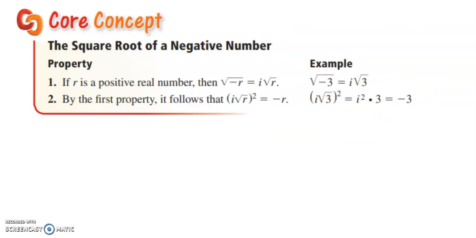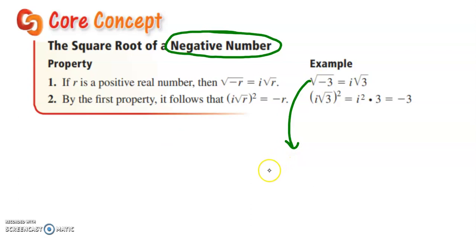So our core concept that's in your notes, the square root of a negative number is what's going to create something with an i. Okay, so if you look at this, this is our same way of breaking down square roots that we were doing before. Except now when we break down a number, we're going to end up with an i. So for instance, if I was talking about the square root of -3, I could break that down into -1 times 3, which would be the square root of -1 times the square root of 3.